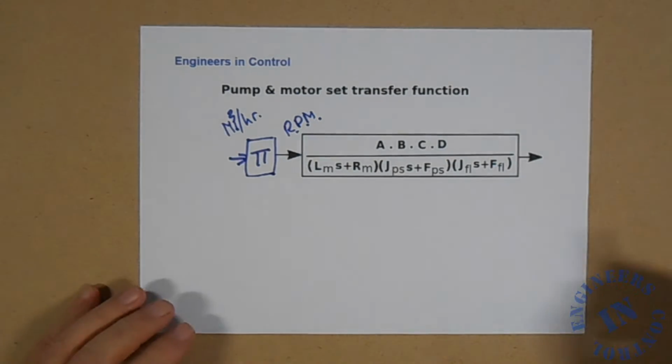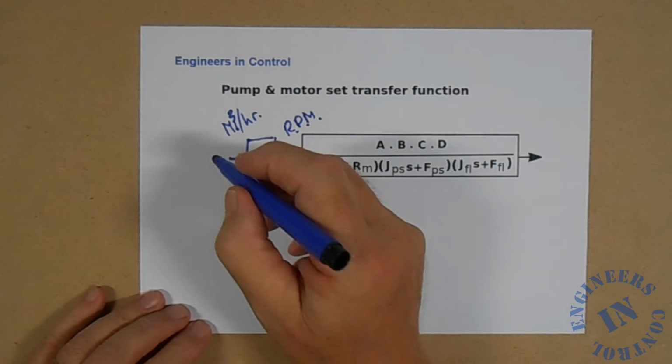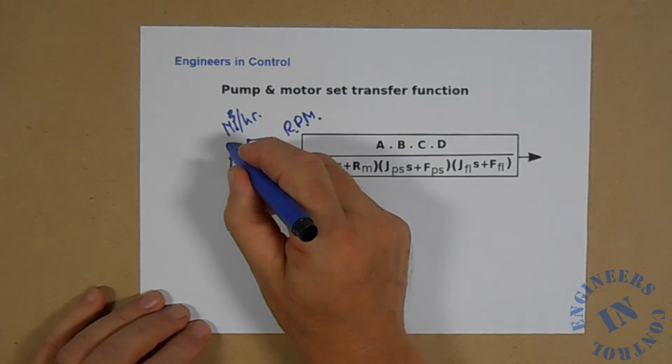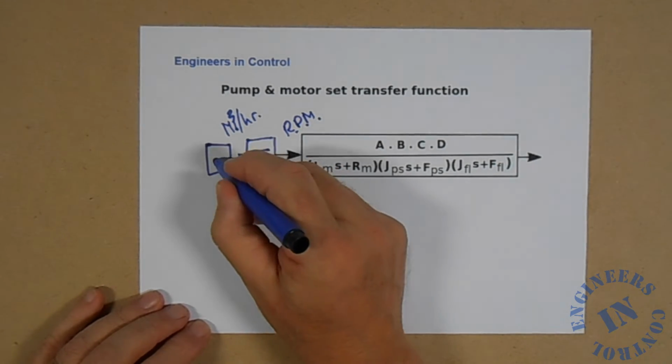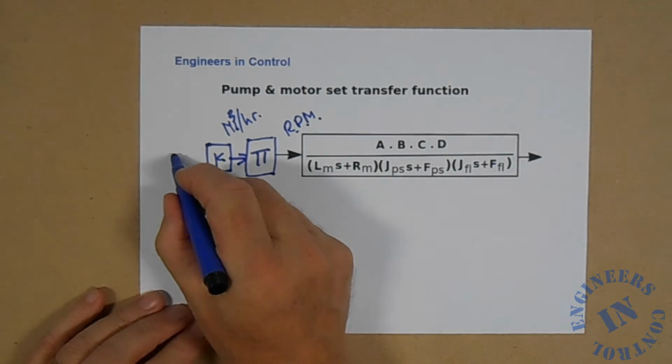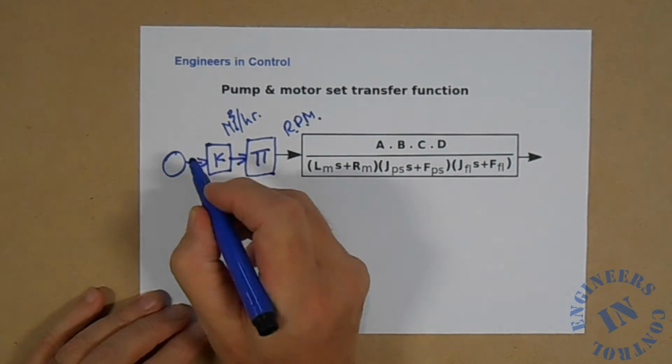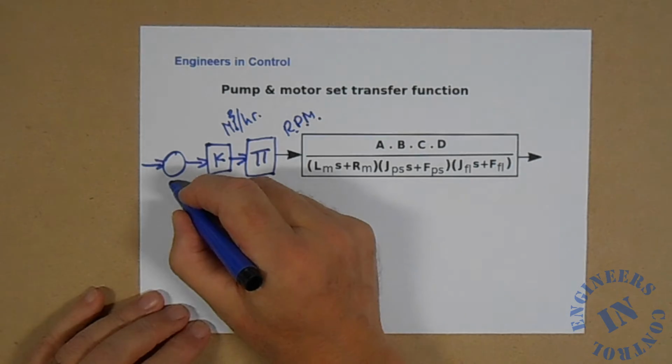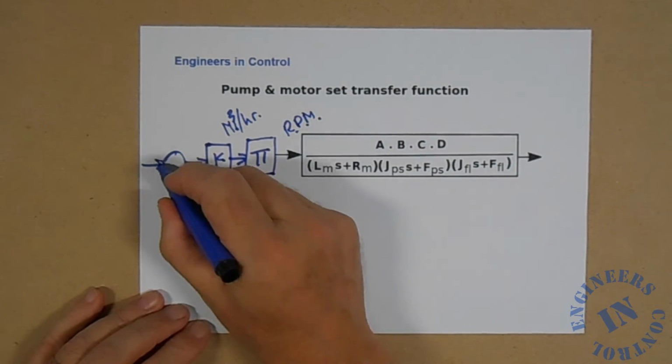So that's our conversion factor. We now need a controller, and I'm going to use just a proportional gain controller of gain K, and the controller has a summing junction on the front.